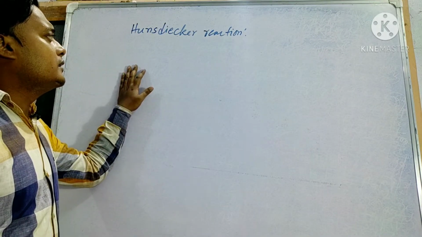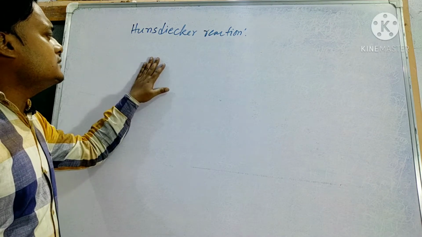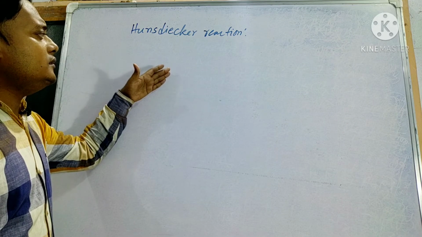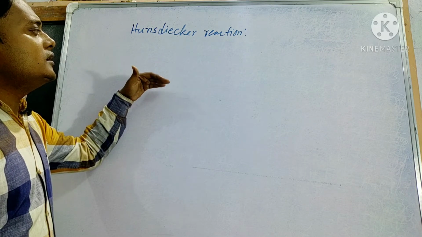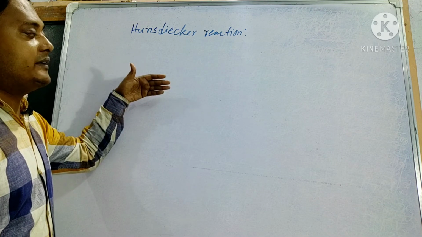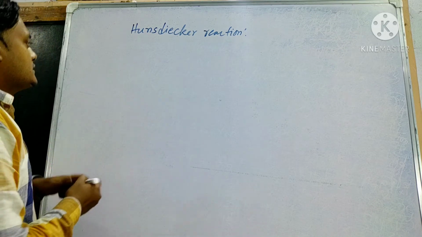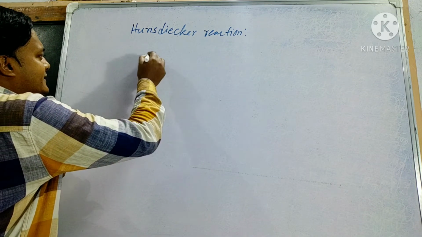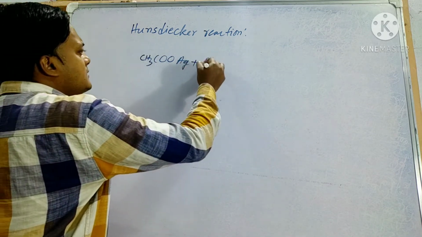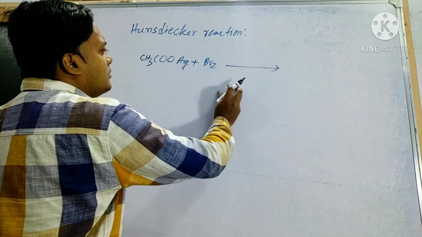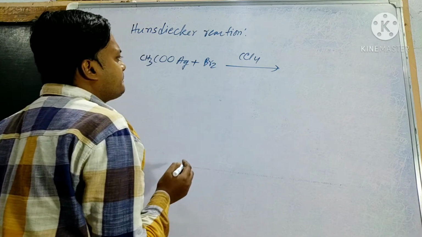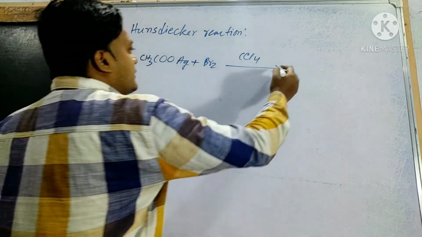Hunsdiecker reaction. Now in this reaction, silver salt of carboxylic acid reacts with bromine in presence of CCl4 and gives the corresponding alkyl bromide. Now see, if we take silver acetate, CH3COOAg, plus Br2, in CCl4 medium, that non-polar solvent, what will be the product?